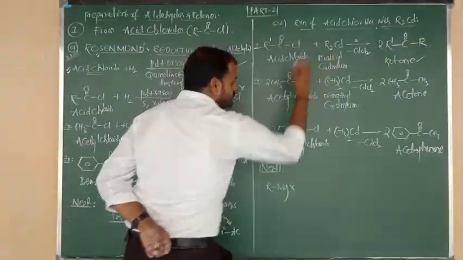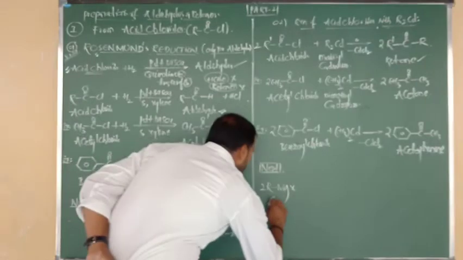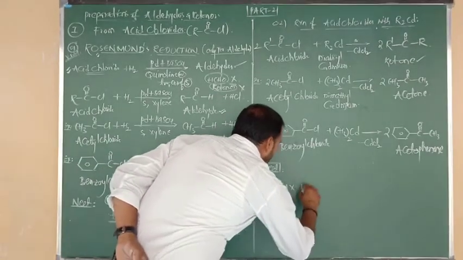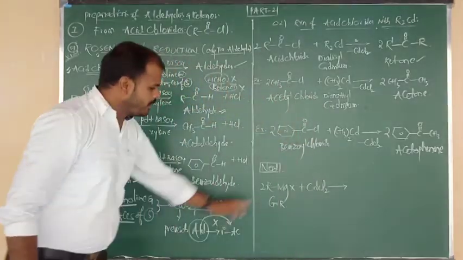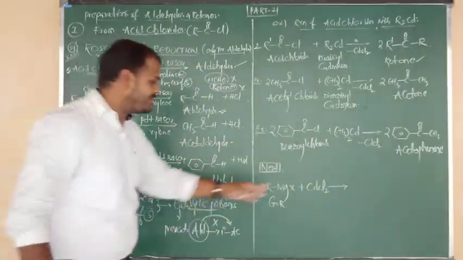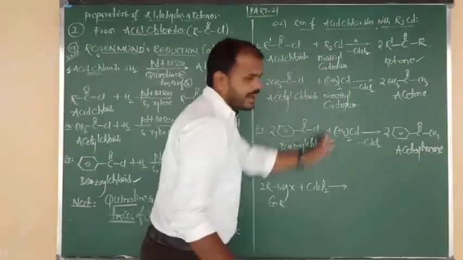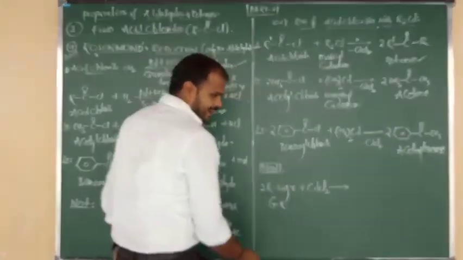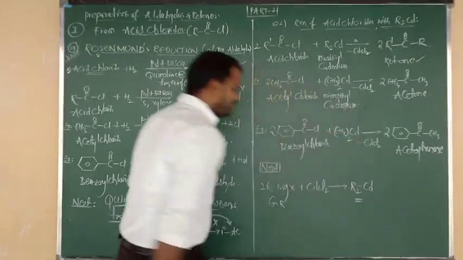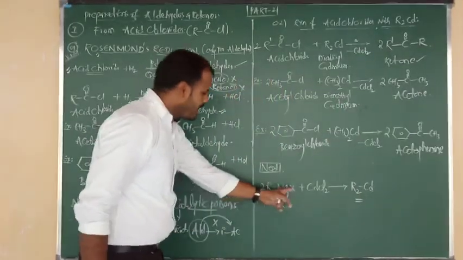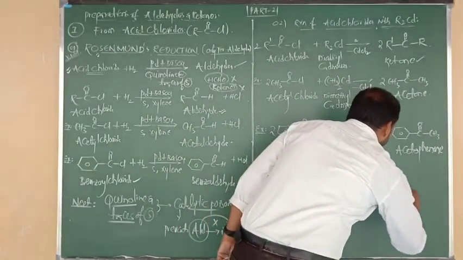But you require R2, 2 alkyl groups are needed. Yes, 2 moles of RMgX. So 2 moles of Grignard reagent undergo reaction with cadmium chloride to form dialkyl cadmium, R2Cd. The remaining Mg and 2 halogens give the byproduct MgX2.